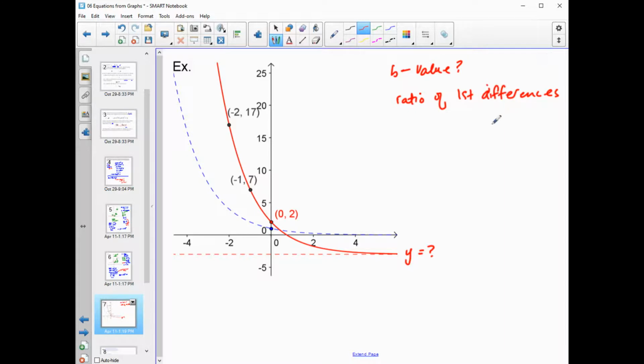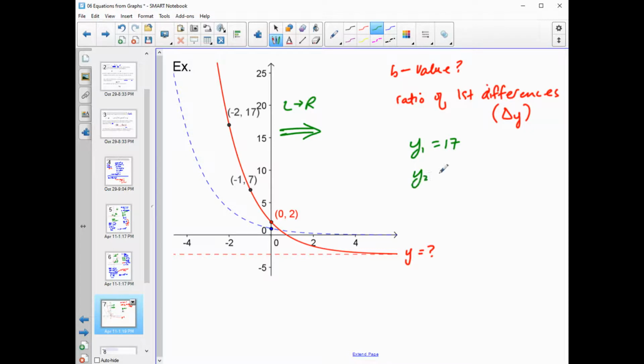And the first differences, just to remind you, those are the change in y values. So in this case, I do need to do this again from left to right. I just want to keep reinforcing that idea. So I'm going to read from left to right. That means my first y value is going to be 17.